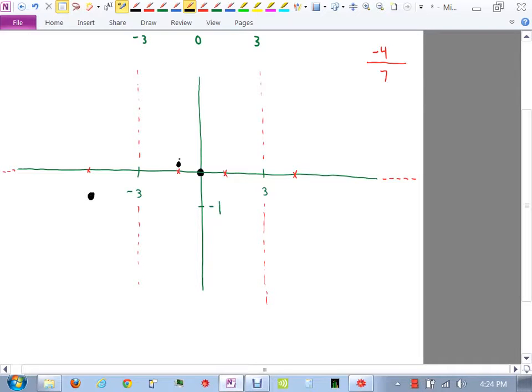What happens if you plug 1 into the function? Negative 1/8, so now you're down here. And what would happen if you plug in 4? Positive 4 sevenths, right? So you'd be here.